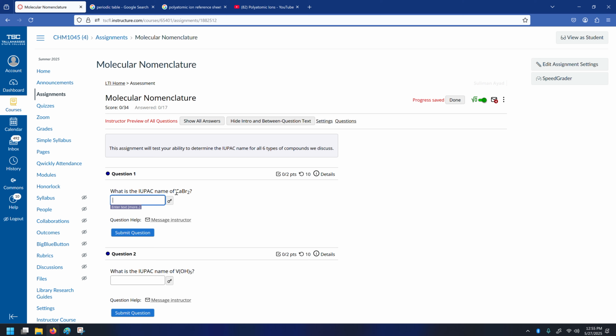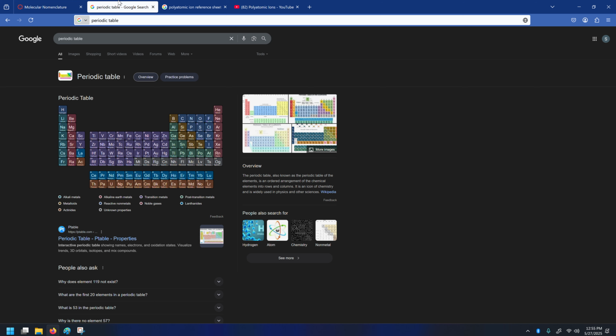What is the IUPAC name of CaBr2? When we are naming compounds from their formulas, we have to identify the type of compound it is to know the type of chemical name it's going to get. Calcium, from our periodic table, is a metal.